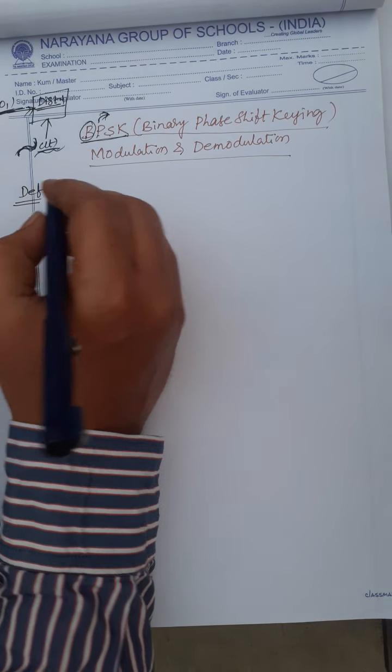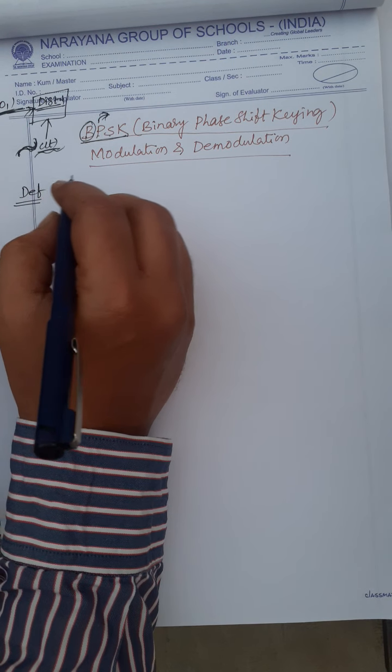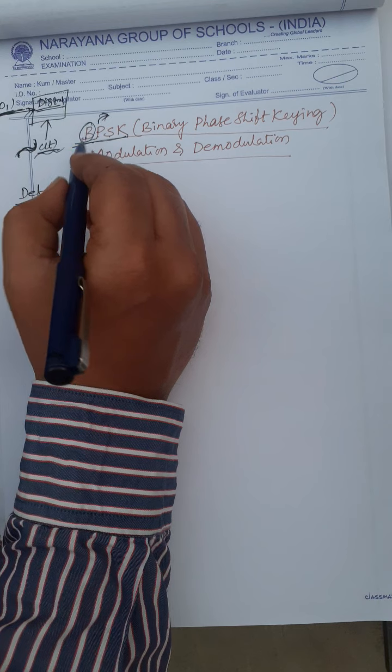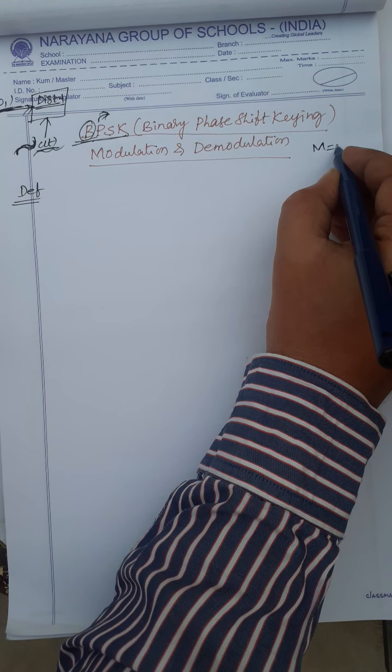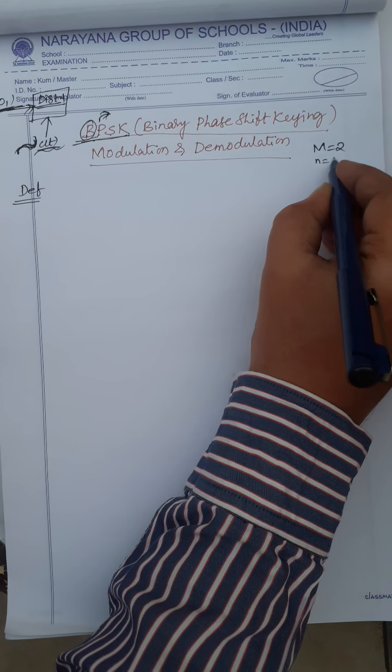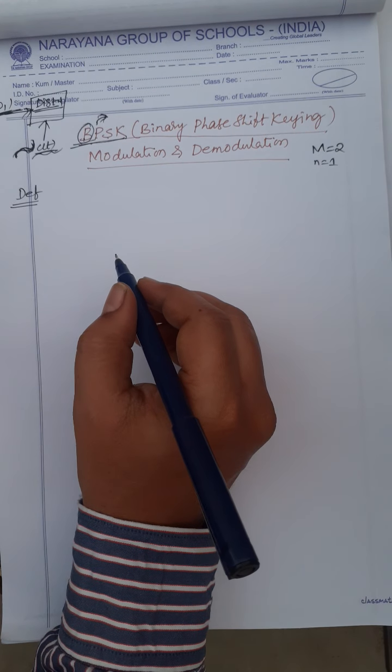That is the definition. Why is it called binary? Here we are using M equal to 2, that means n is equal to 1.